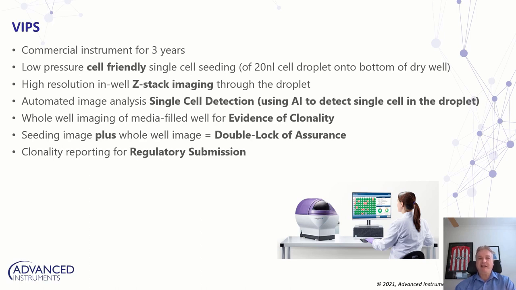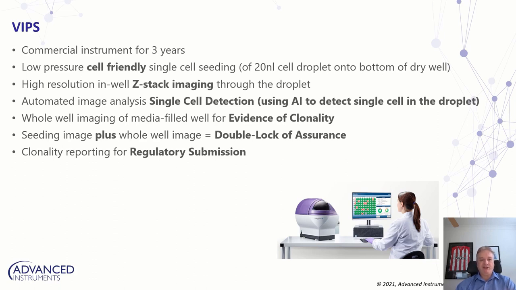There's no liquid in there. And then we image through that droplet in the Z plane. We take about 20 images as a Z stack, and we confirm using artificial intelligence whether there is a single cell in there or a doublet or an aggregate, and that's fully automated, that confirmation of a single cell.